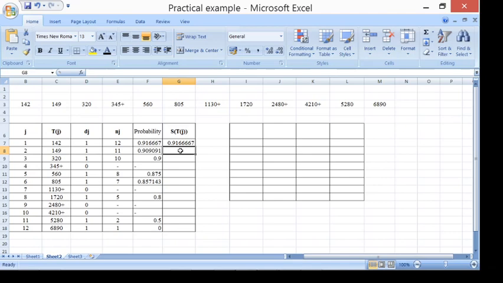And then if you were alive just prior to 149, what is the chance that you will go beyond 149? So if you cross 142, then according to the data you will go up to 149 because there is no failure in between. Therefore, this is the probability of reaching just prior to 149.